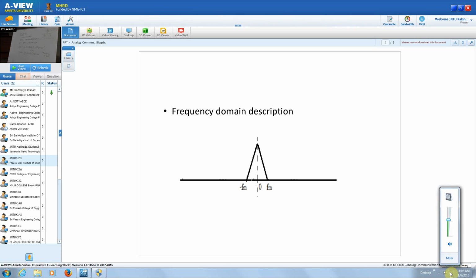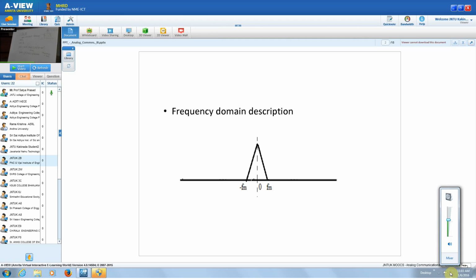But suppose you have sin omega ct. This is the transmitted signal that we are going to have.